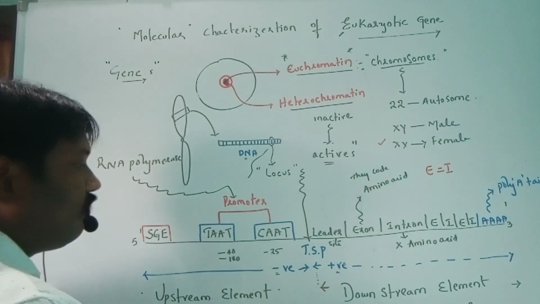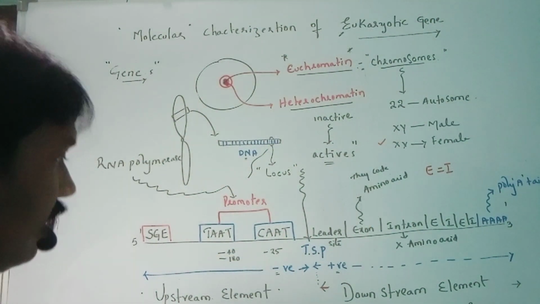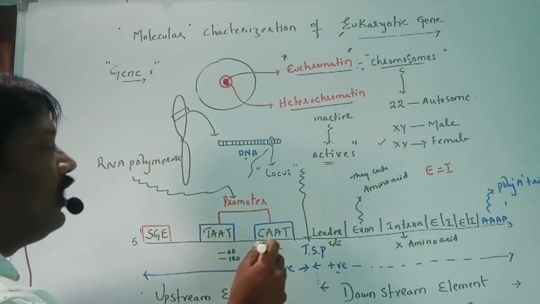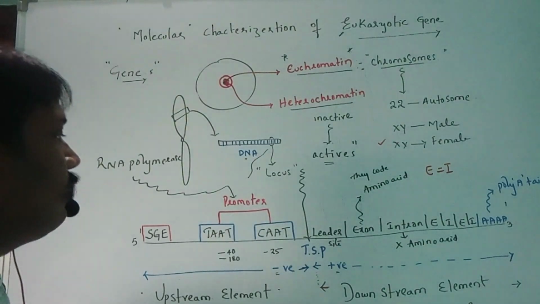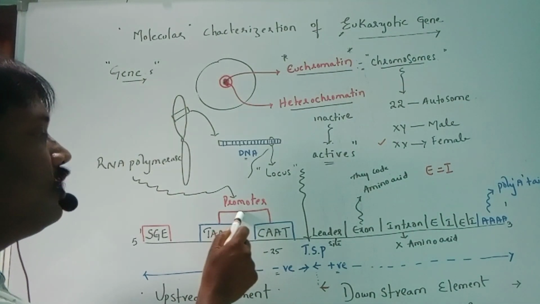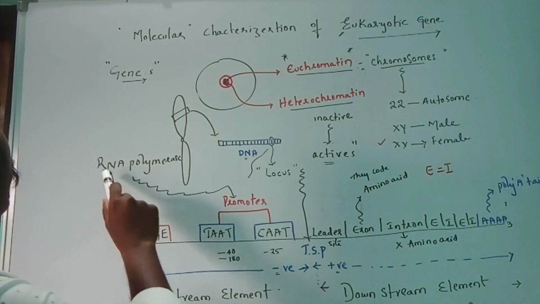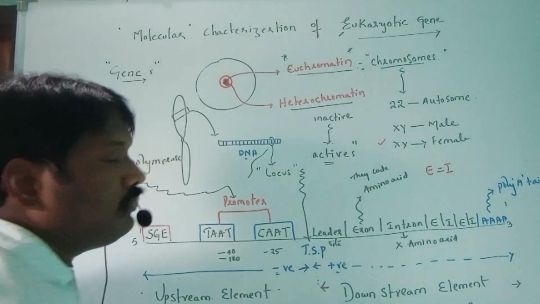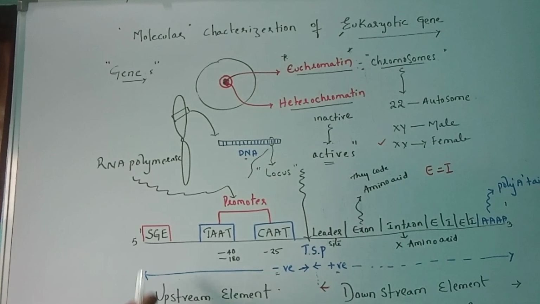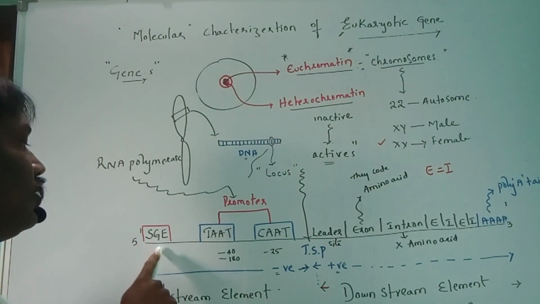So at minus 25 base pairs and minus 40 base pairs, we have specific sequences named the CAT box and TATA box. These two boxes get together and act like a promoter, and this promoter complex is helpful for the binding of the RNA polymerase enzyme to enhance the frequency of transcription. So here we have silencing gene elements.